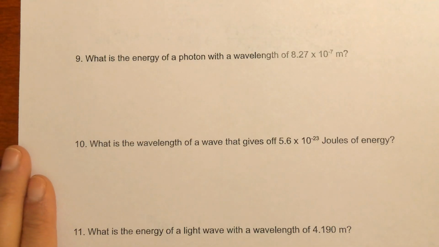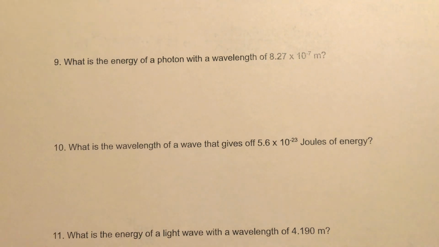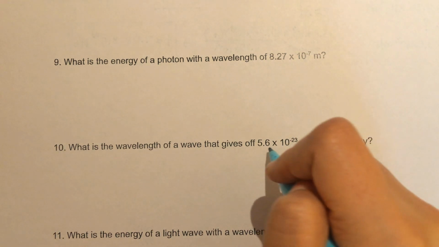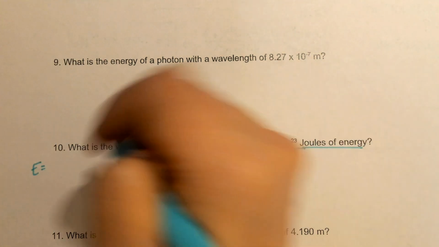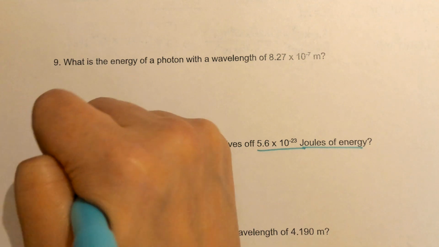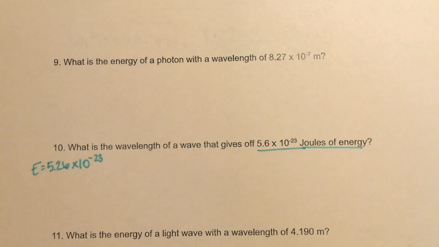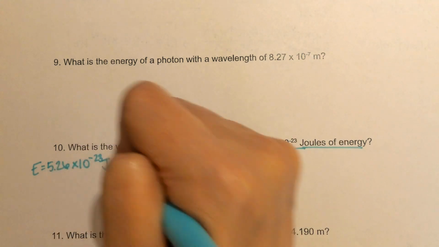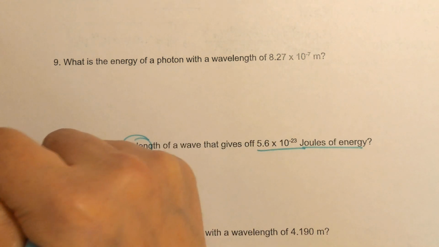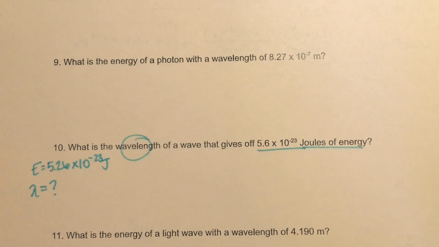What is the wavelength of a wave that gives off 5.6 times 10 to the power negative 23 joules of energy? So this number here says joules of energy, so that is my E. E equals 5.26 times 10 to the power negative 23. And it's asking for wavelength, so that's my Y.